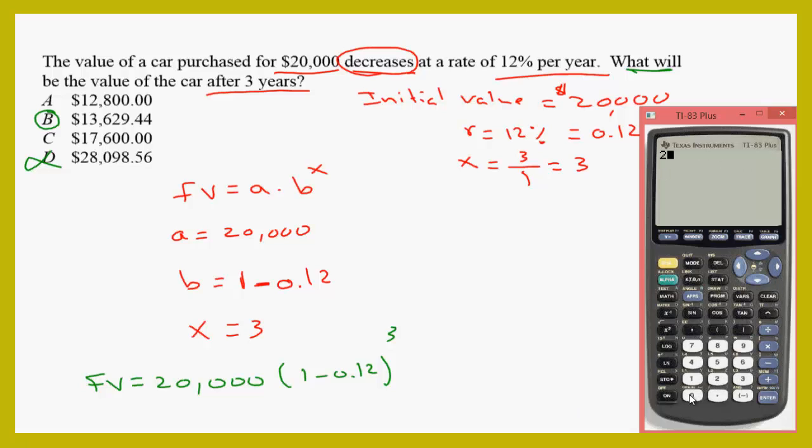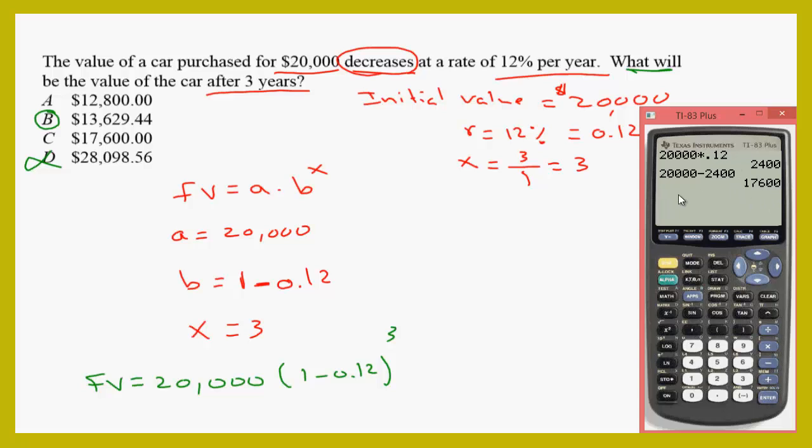It's like if you have 20,000 times 12% equals 2,400. So the first year the price of the car decreased by 2,400. Subtract 20,000 minus 2,400 equals, after the first year, the price of the car.